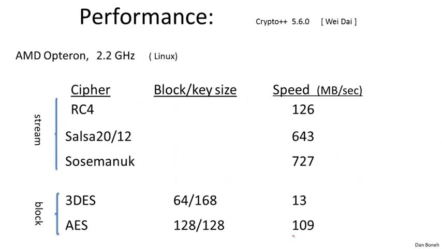These are the performance numbers for the two typical block ciphers, triple DES and AES. And these are the corresponding numbers for the stream ciphers that we looked at in the previous module, RC4, Salsa, and Sosemanuk. You can see that the block ciphers are considerably slower than stream ciphers, but we'll see that we can do many things with block ciphers that we couldn't do very efficiently with constructions like RC4.